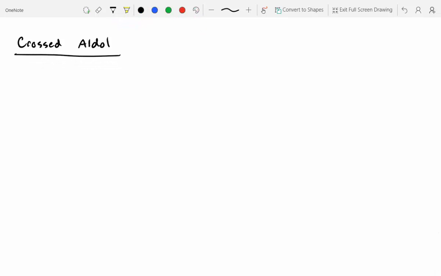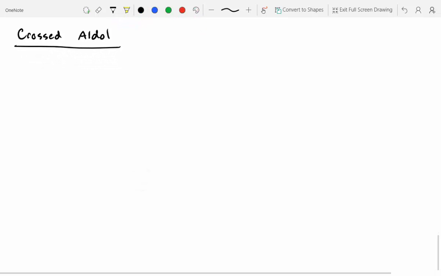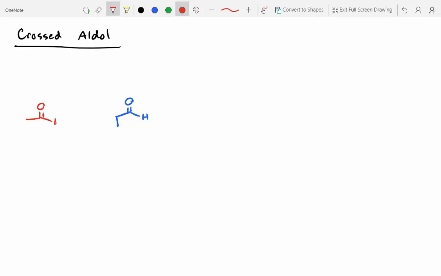Okay, and for this reaction, I'm going to try to color code things as best I can. For the first product, I'm going to draw it in blue. I've got this aldehyde, and for the other product, I'm going to just draw a red aldehyde.